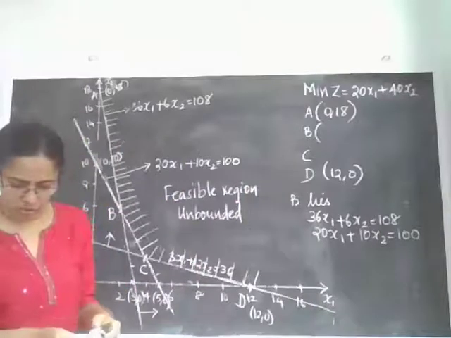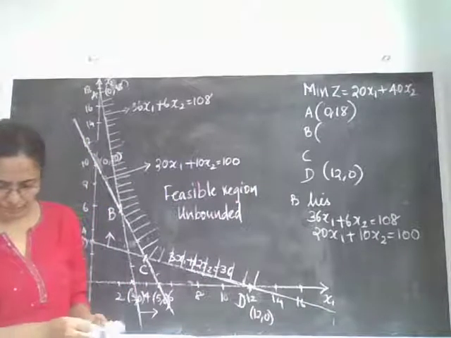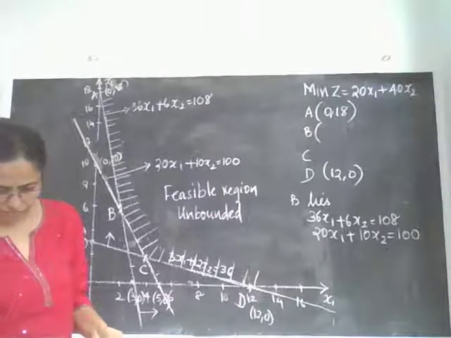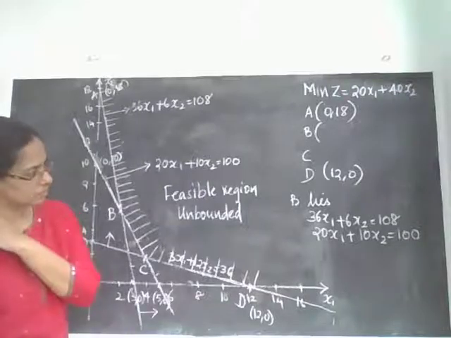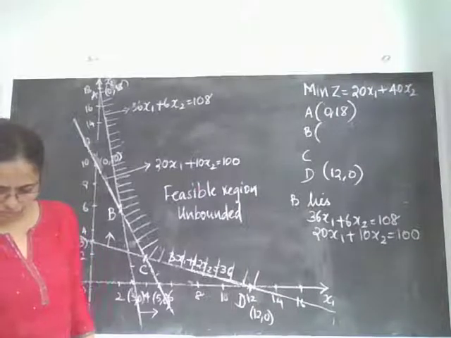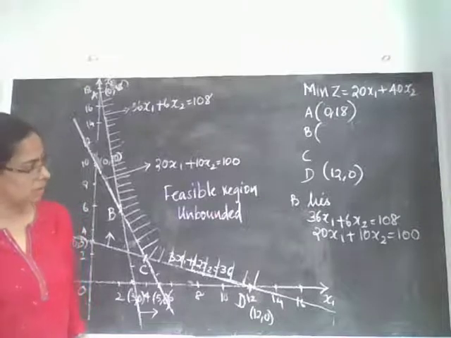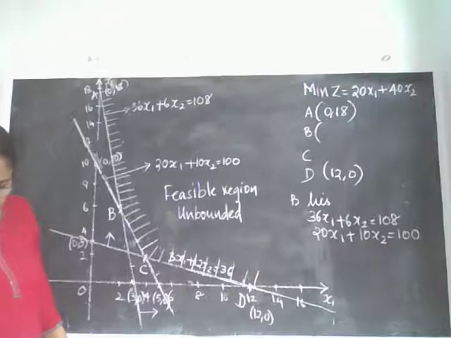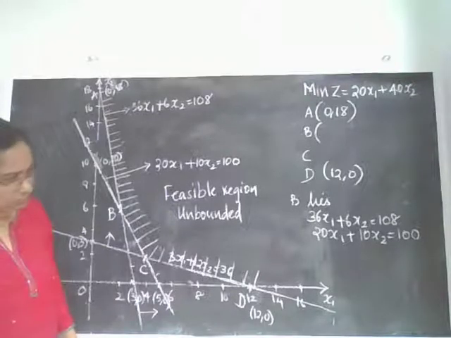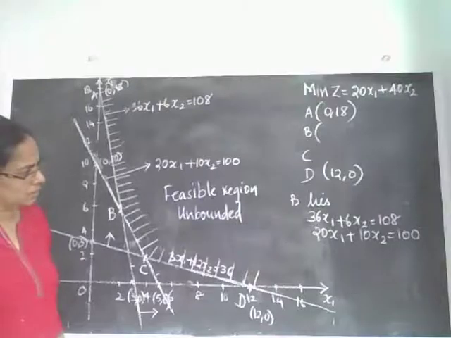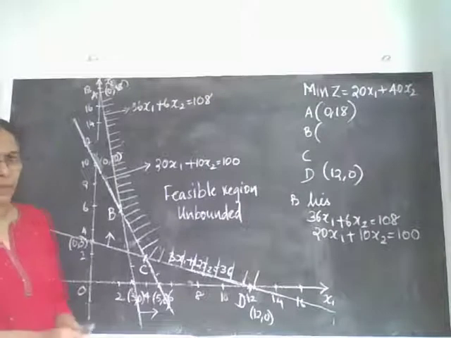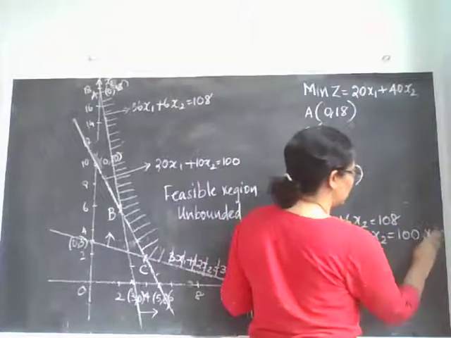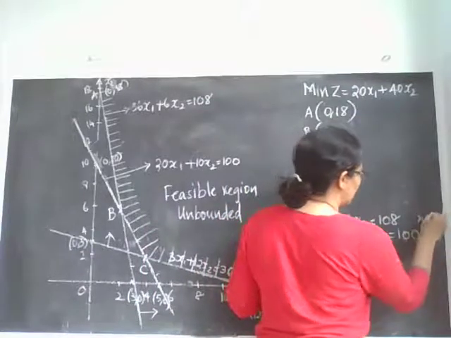So you solve it. You multiply this one with 5, you multiply this one with 3, and multiply this one with 5.